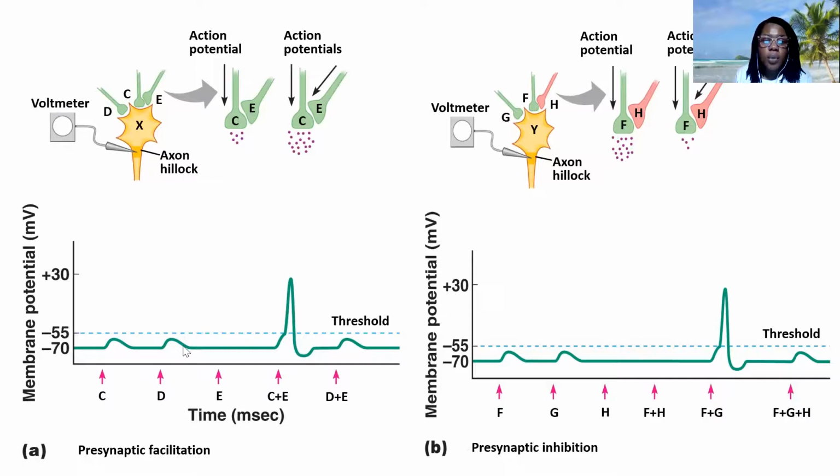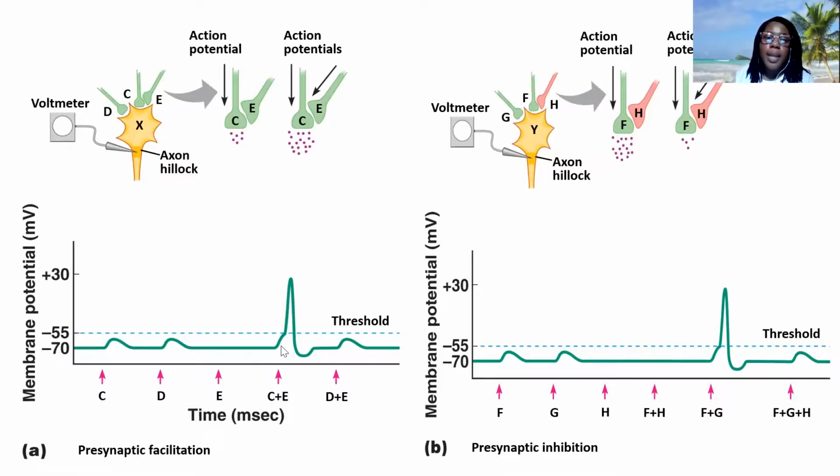Neuron D on its own is, again, a small graded potential, not enough to get to threshold. Synapse E on its own is absolutely no change in the membrane potential. So this modulating neuron does not change the membrane potential itself. It has no influence on generating a graded potential on its own.